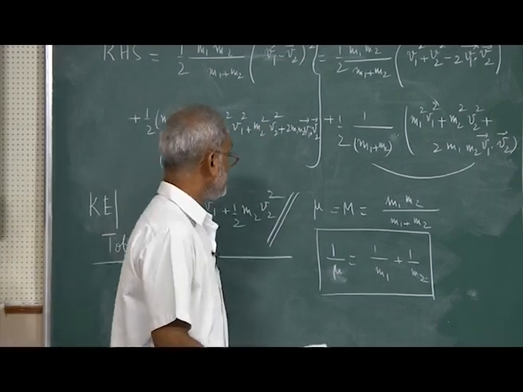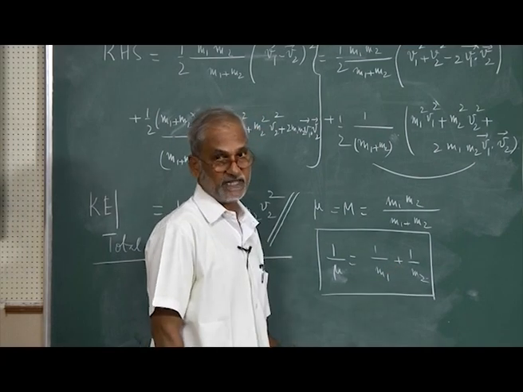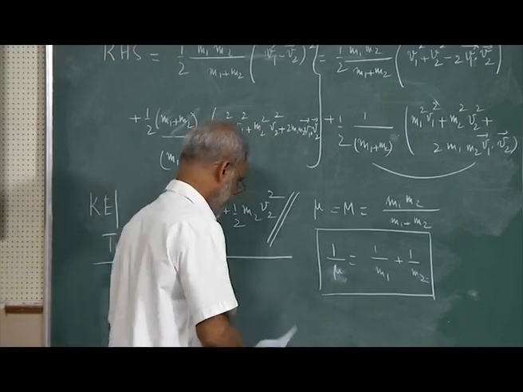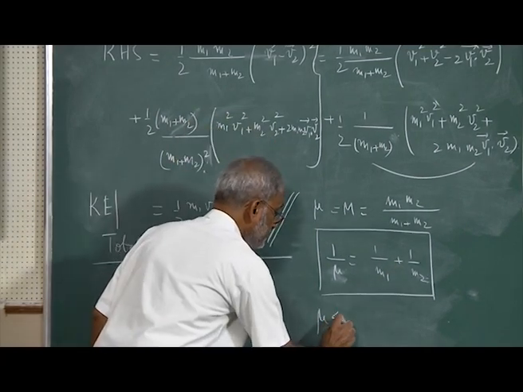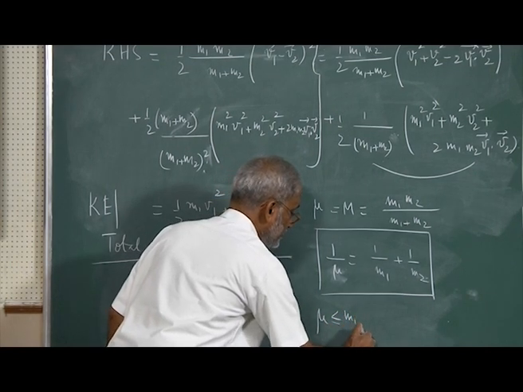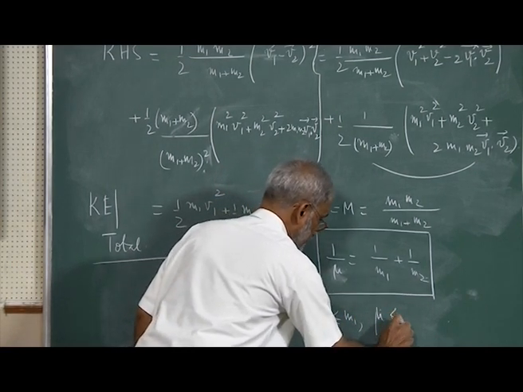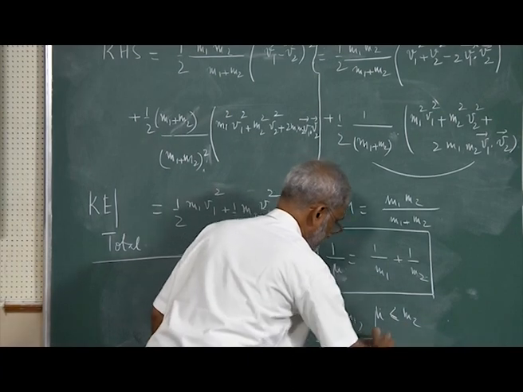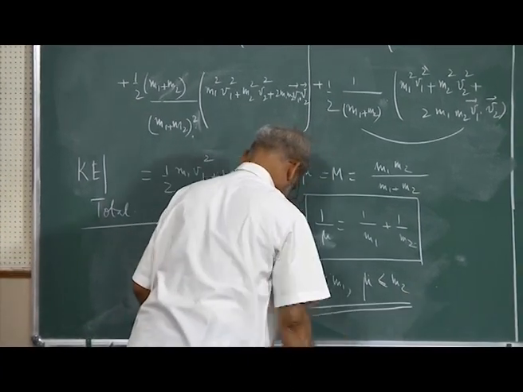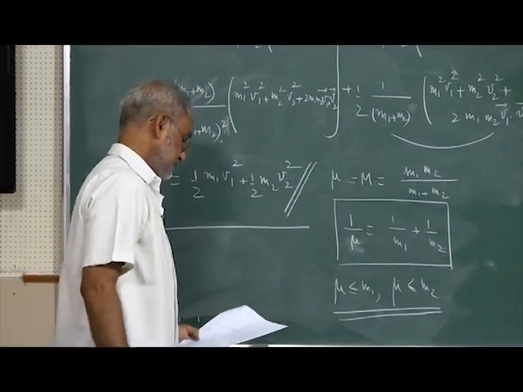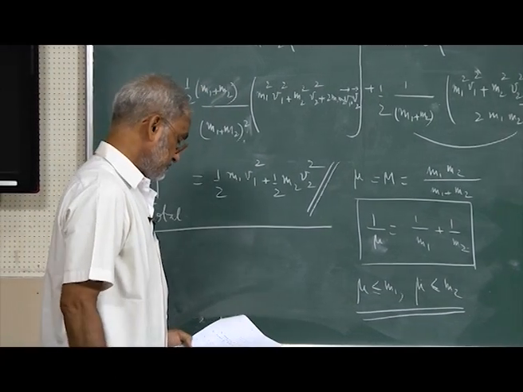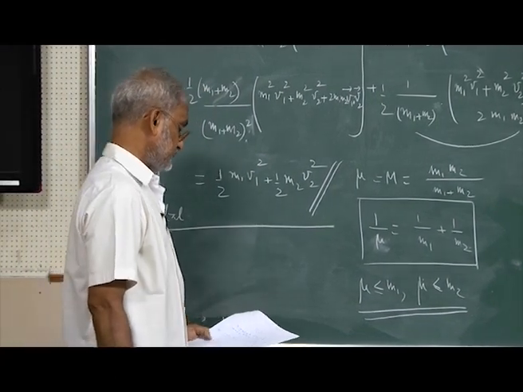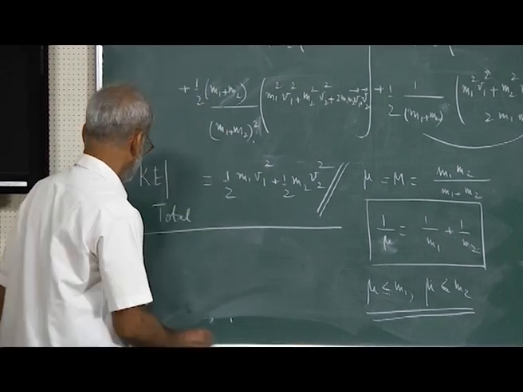If you have a fraction equal to the sum of two fractions, then from this, mu is certainly less than or equal to m1, and also mu is certainly less than or equal to m2. Okay. So the reduced mass is always less than or equal to the mass of each body.